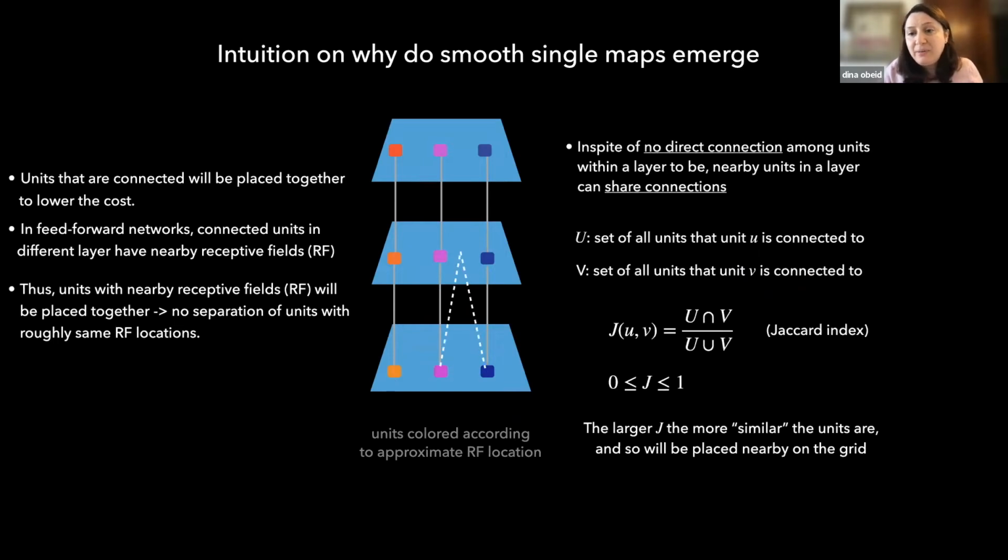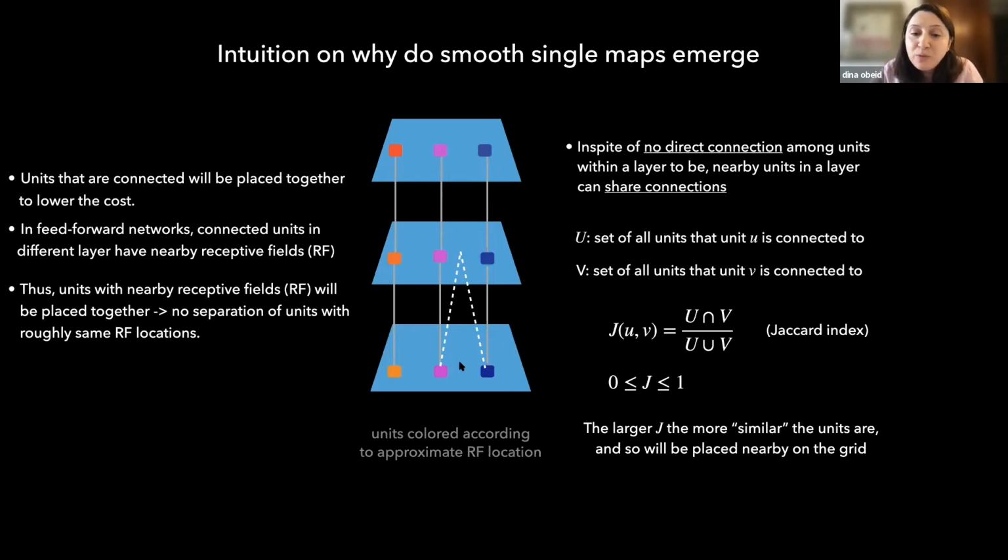There's another thing we have to pay attention to: even if we take 2 units in the same layer, even though they're not directly connected to each other, they can be connected to the same unit. So they share the connection. So units can share connections. And I can quantify by how much 2 units share connections by computing something called the Jaccard index, which is a measure of similarity.